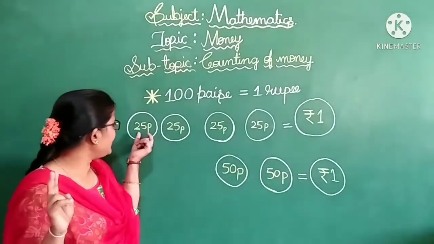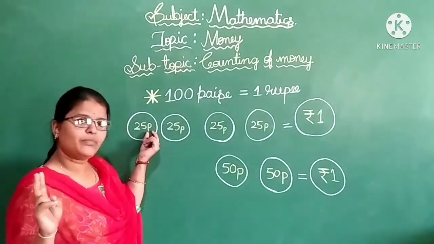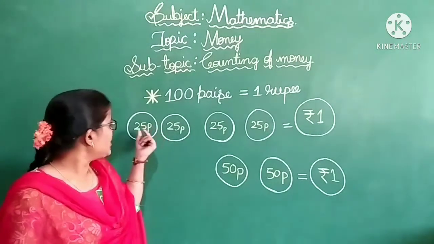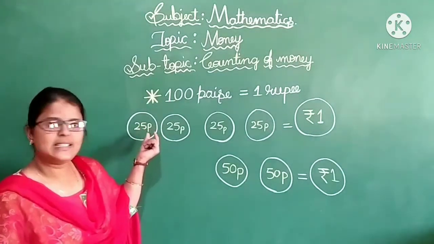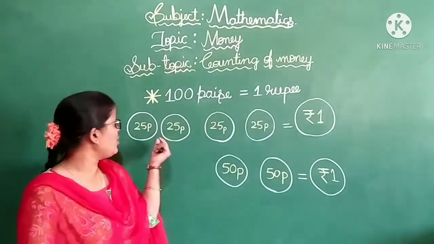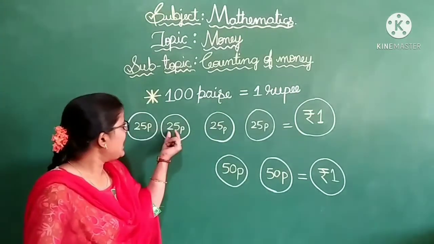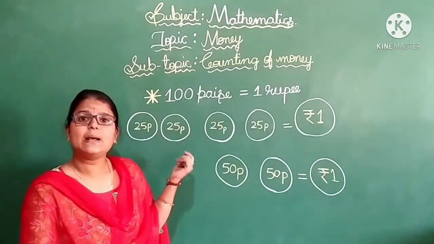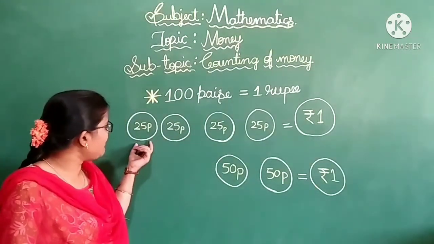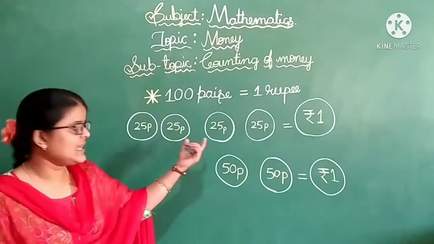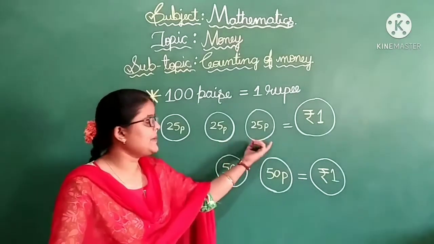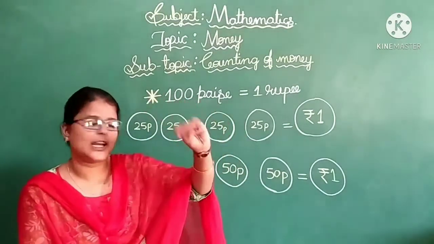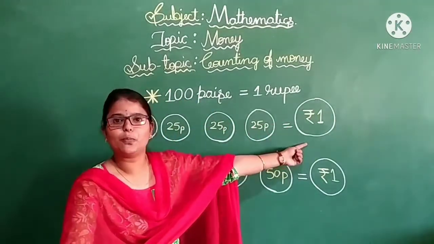I have written 25p. P is the short form of paise. Instead of writing 25 paise, I have written only 25p. 25 paise plus 25 paise plus 25 paise plus 25 paise: if we add 25 paise four times, we will get 1 rupee.